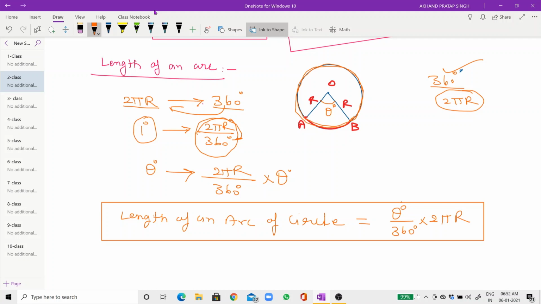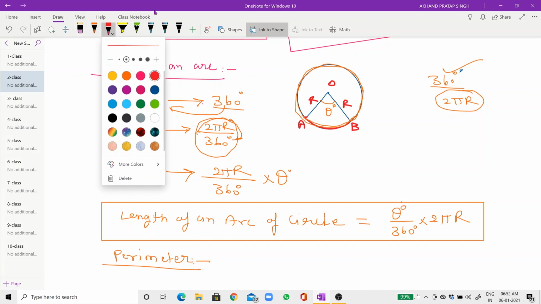Now, what is the perimeter of this portion? Suppose this is the perimeter. How to calculate it?